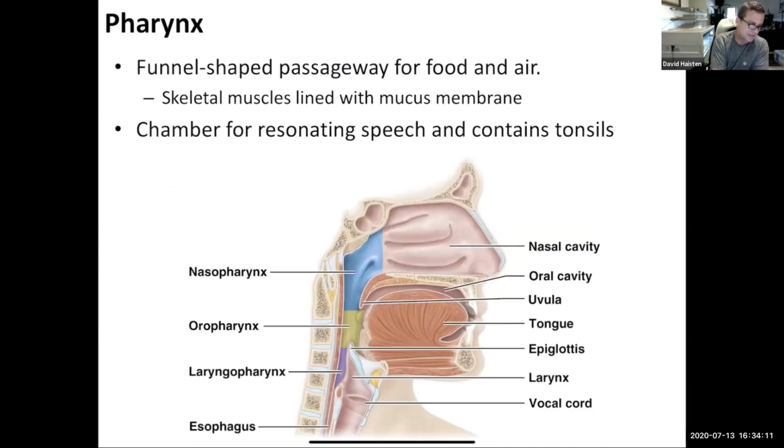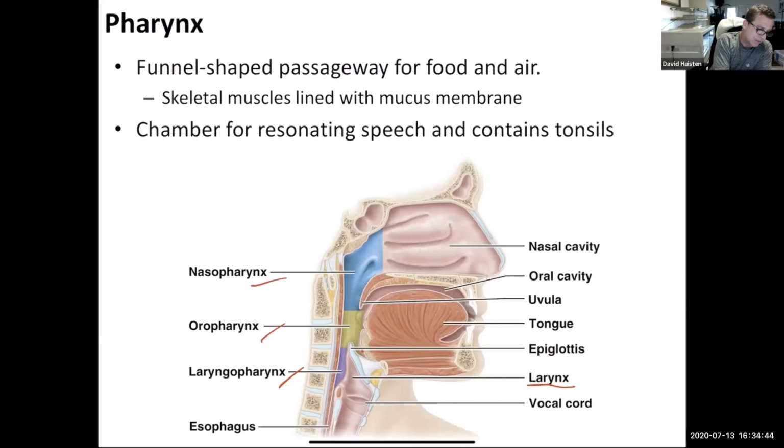Okay, your pharynx again. I think we've pretty much killed the pharynx. We've looked at it. Nasopharynx, oropharynx, laryngopharynx. Heading off to your lungs, we have the larynx. It's the superior portion of your trachea. Pharynx, food and air both come in there.